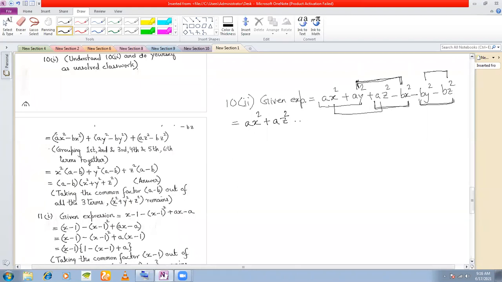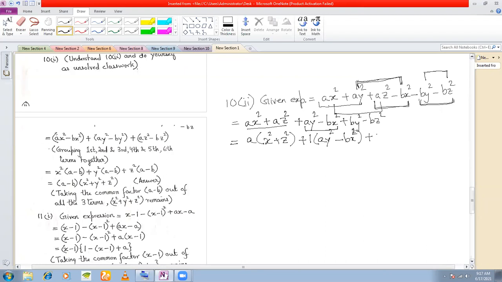So let's see whether we are getting ax square plus az square plus ay square minus bx square plus by square minus bz square. From these two I can take out a, I'm left with x square plus z square. From these two I cannot take out anything. So in fact I can take out one. Even if I cannot take out anything, I can take out one. One will always be the HCF. Ay square minus bx square, right?